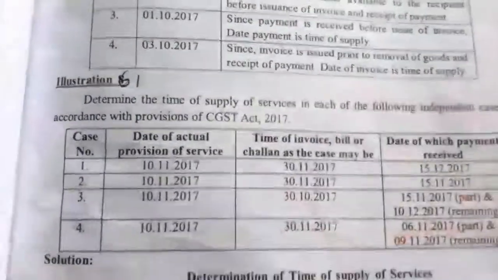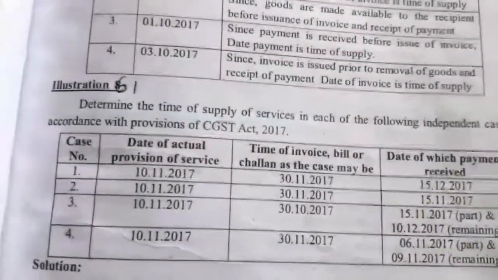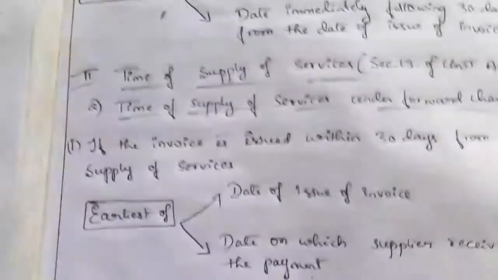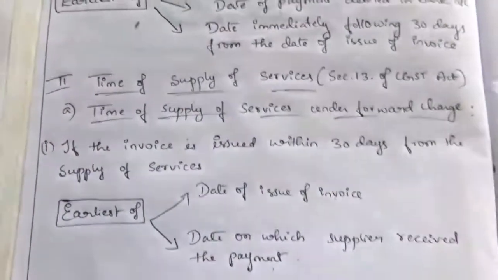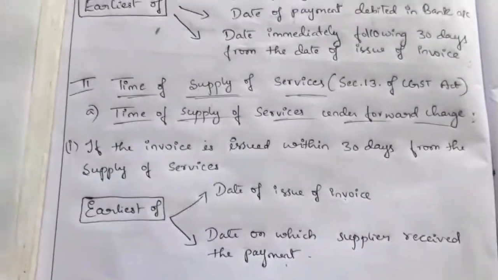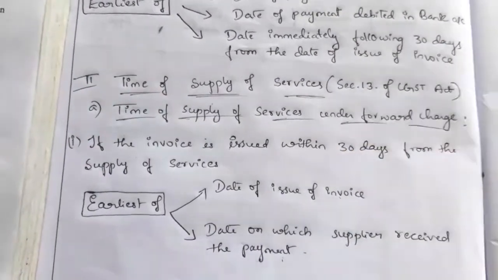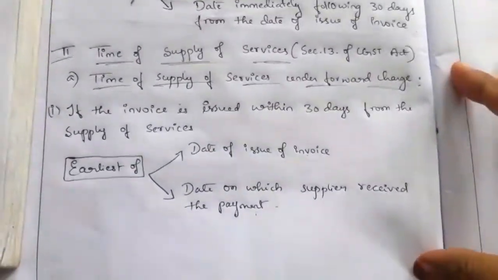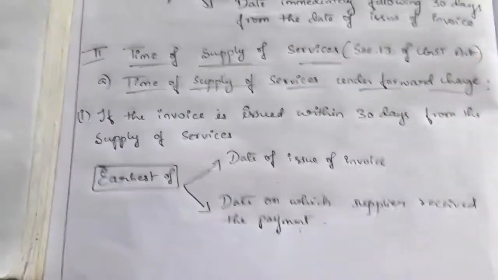So here we have to check firstly, as per the rule, the time of supply of services as per section 13 of the CGST Act, under forward charge. Here we consider forward charge, which is the normal case.